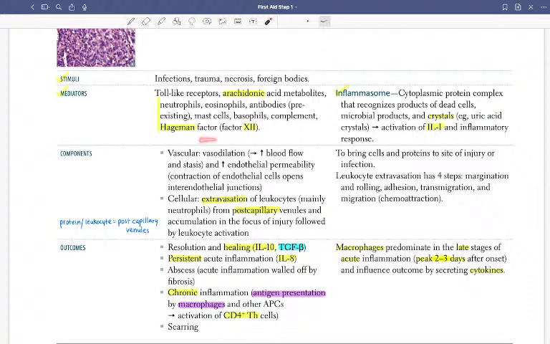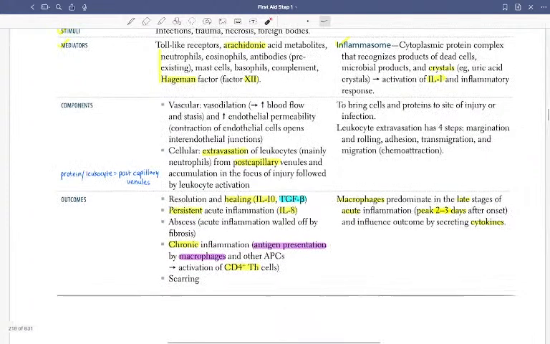Arachidonic acid metabolites. Then the inflammasome: what is it? Cytoplasmic protein complexes that recognize dead cells, activated by interleukin 1. Then TGF beta. Vascular vasodilation, obviously you have those components.